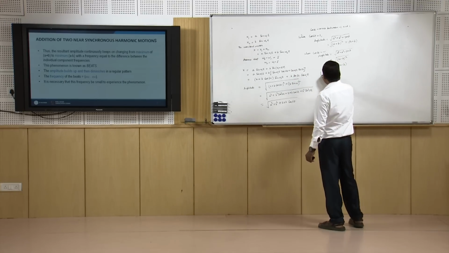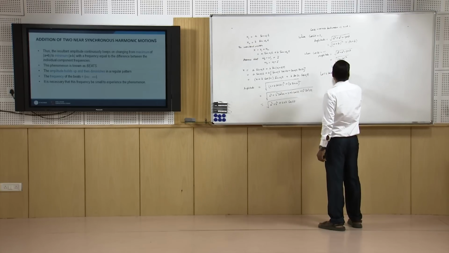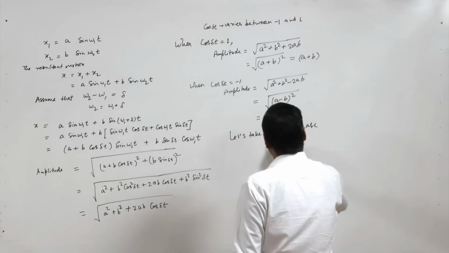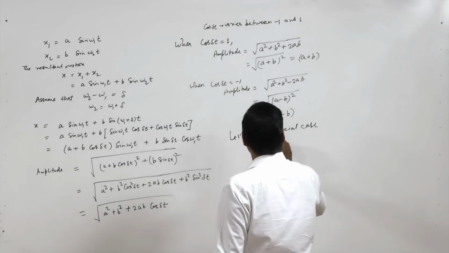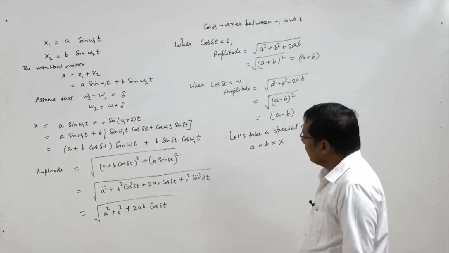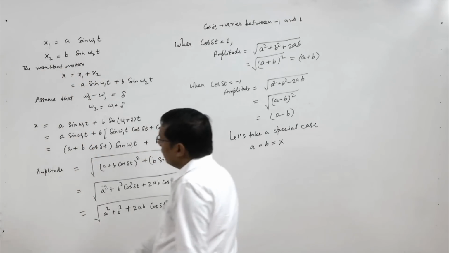Now let's take a special case, when a equal to b equal to x. So we assume that the amplitude of the two motions is same.